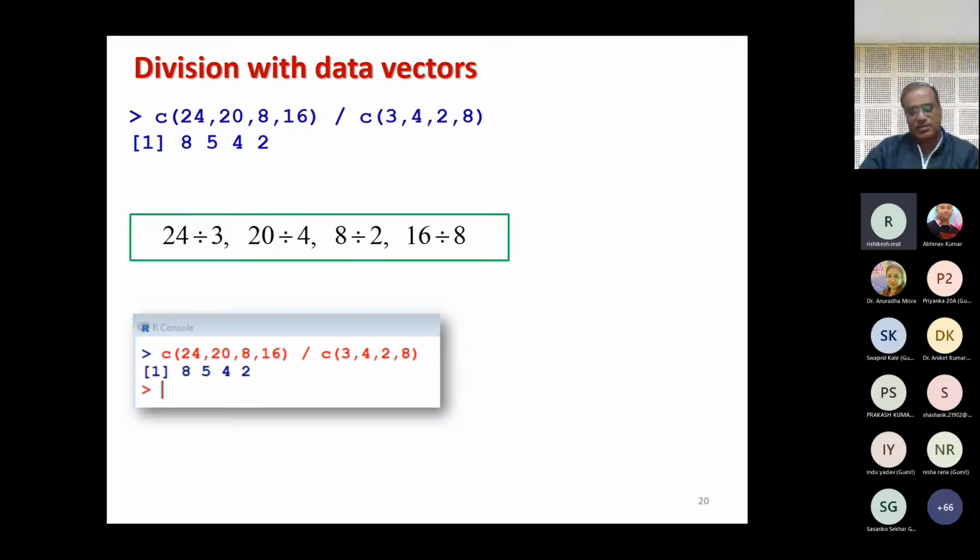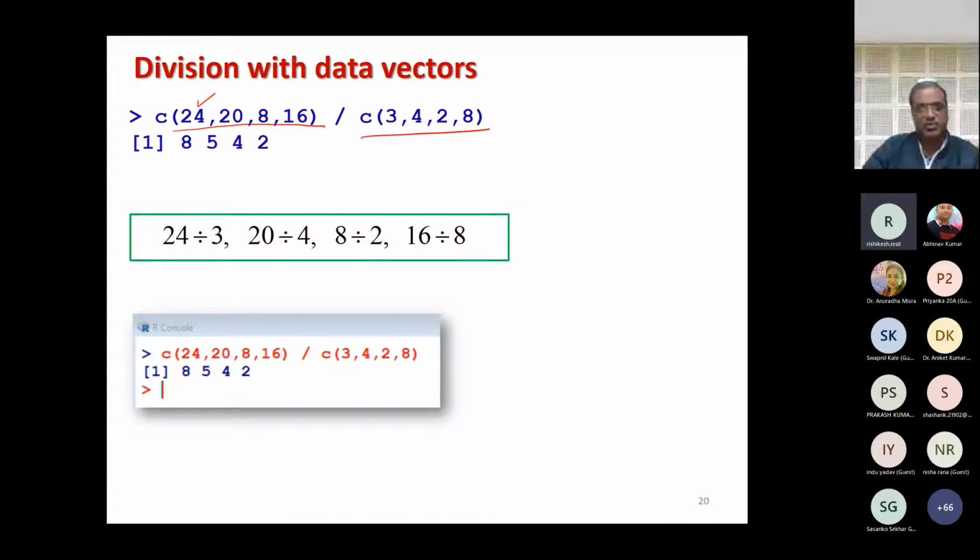And exactly in the same way you have done the multiplication, you can do the division also. So if I take 4 elements in the first data vector and 4 elements in the second data vector, then this division will be like this. The division is once again going to be with respect to the positions.